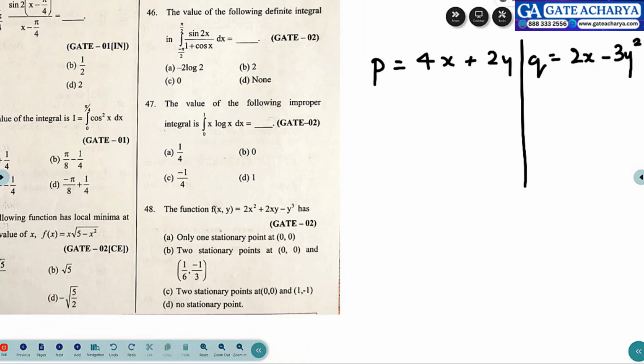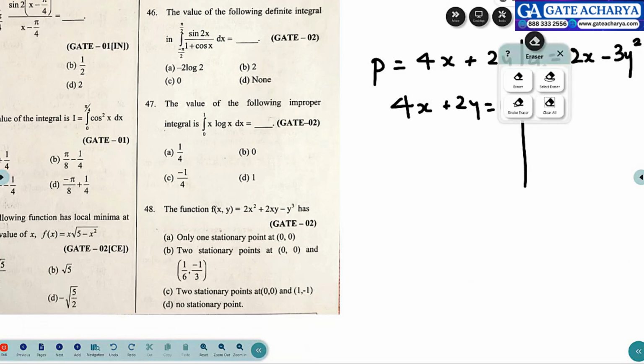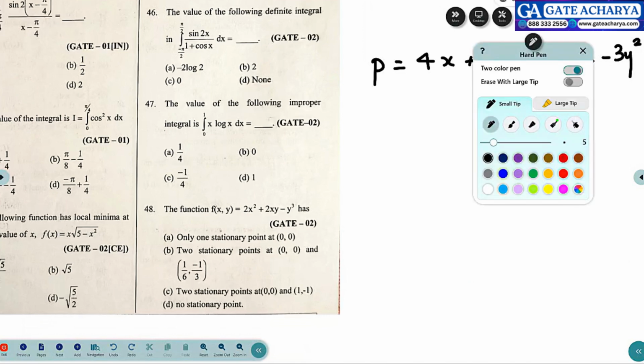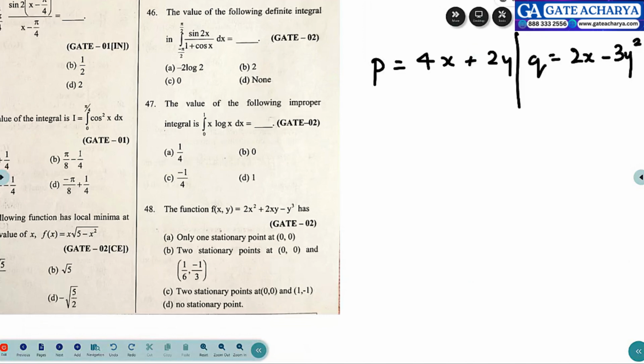Okay, let's start with this function. So 4x plus 2y is equal to 0. Sorry guys, I didn't read the options correctly. You don't have to find the points.